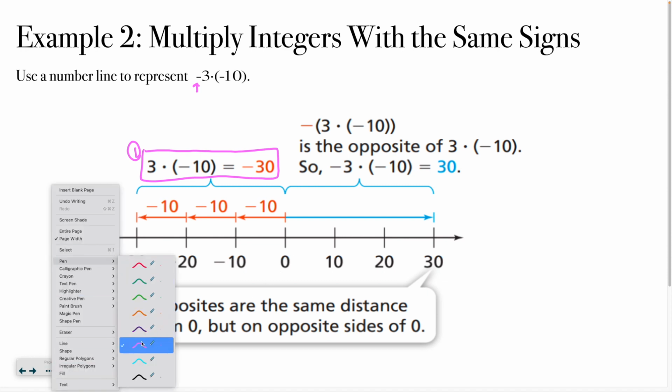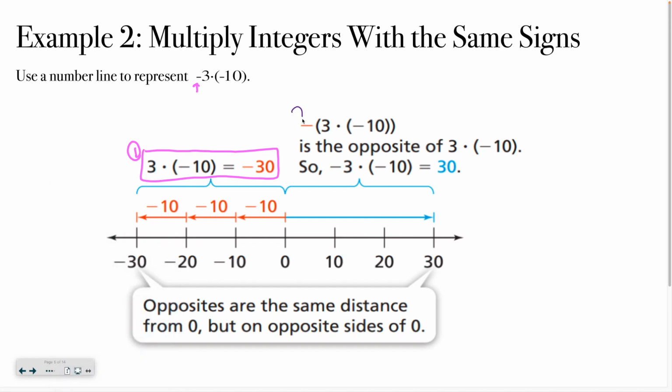Okay, but then they put this little negative in front of that. Now remember in yesterday's video, which was lesson 1-4 for us, we talked about how when you have a negative sign, it's really just talking about changing directions. It represents the opposite of what's written. So what would the opposite of a -30 be?